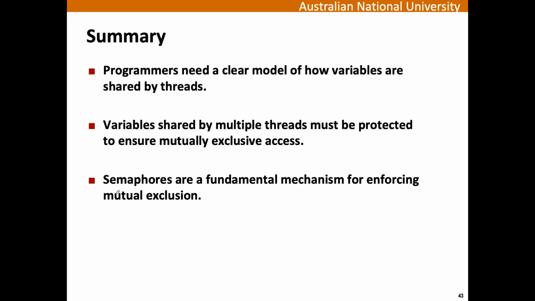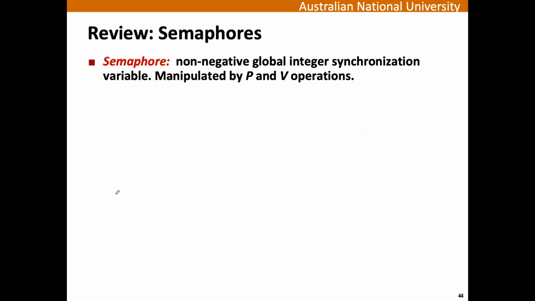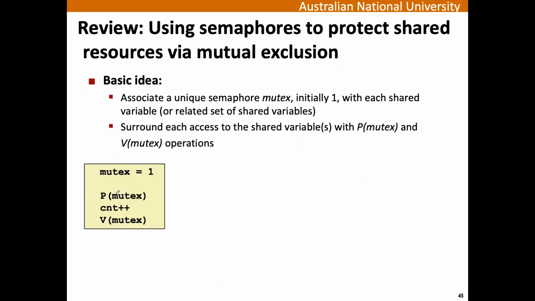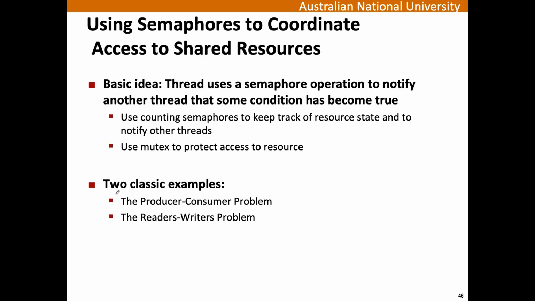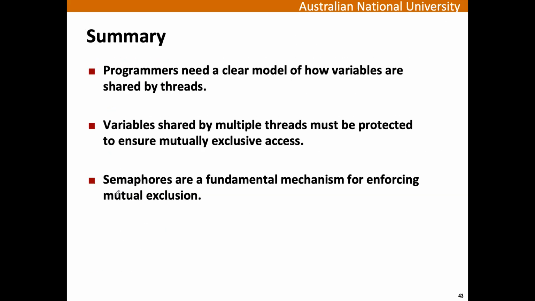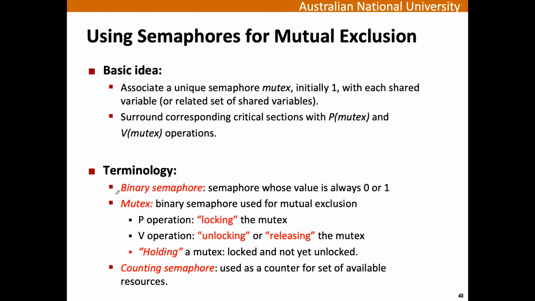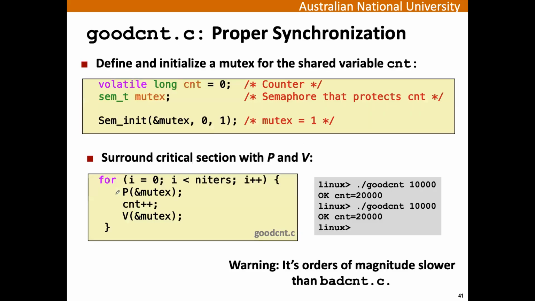Semaphores are a basic mechanism for enforcing mutual exclusion. Here we have used a mutex, which is a binary semaphore that can only have a value of 0 or 1, to protect a critical section.